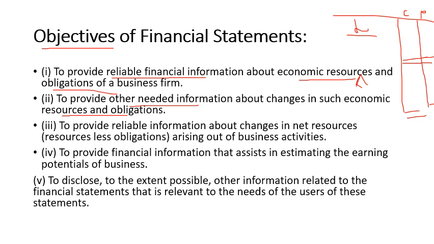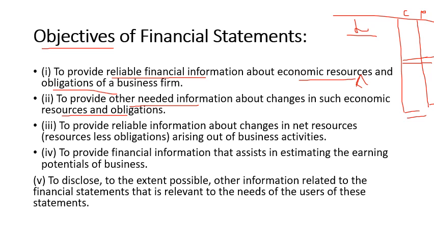But as per the Companies Act 2013, nowadays every company prepares its financial statements in vertical form. In vertical form, they show both the current year's balance and the previous year's balance for each and every item which appears in the financial statements. So that shows the changes in all the assets and liabilities over a period of time.